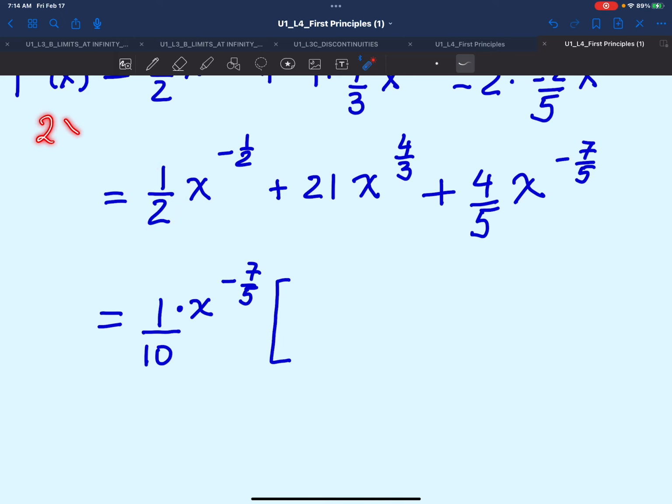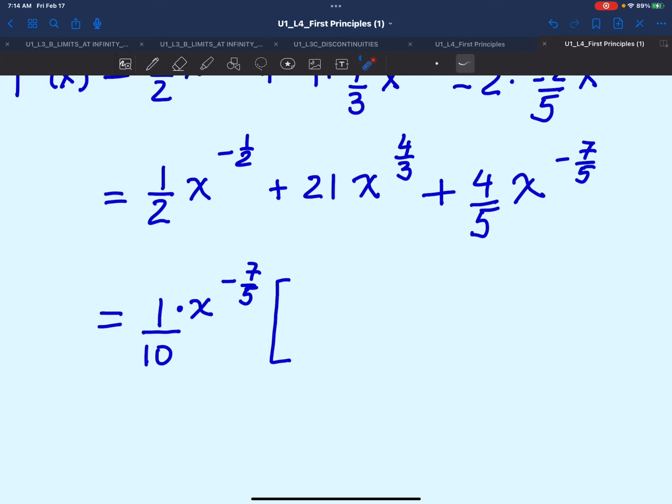So if you have 2x minus 6, you take 2 out, it means that 6 will be divided by whatever you took out. So that means 1 over 2 must be divided by 1 over 10 that we took out. So 1 over 2 divided by 1 over 10, remember, would be 1 over 2 times 10 over 1.